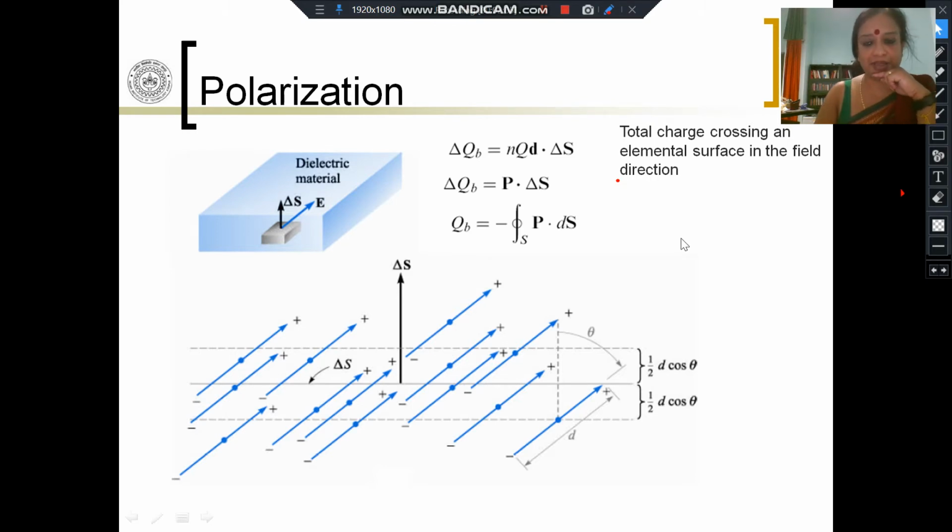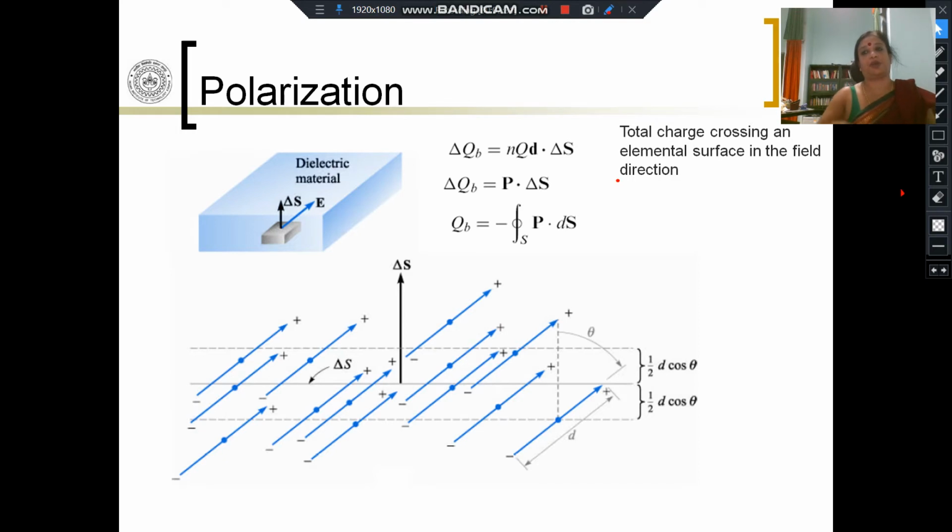Now we can define a vector P, which is analogous to the flux density D. If you have free charges within a volume and there is a surface that is enclosing that volume, then the surface integral of the flux density crossing that surface is equal to the total free charge that is enclosed.